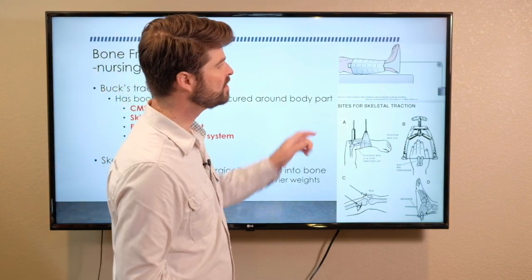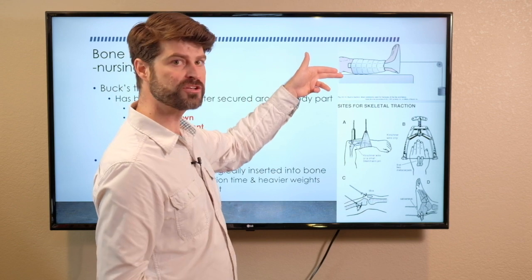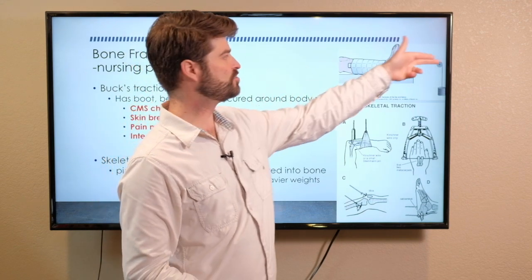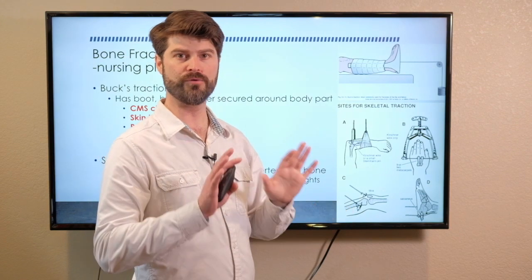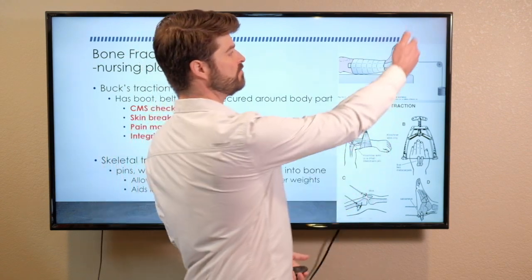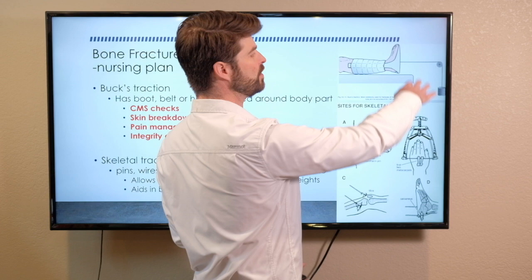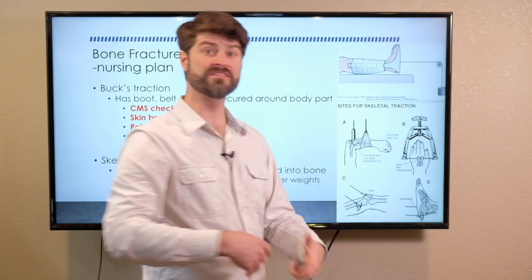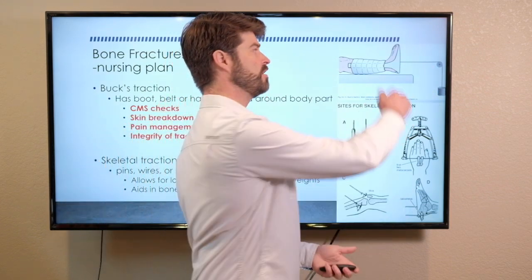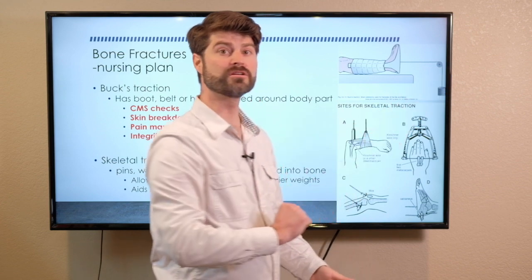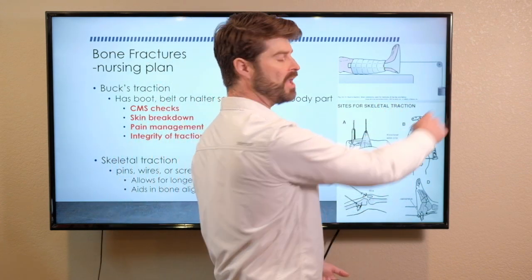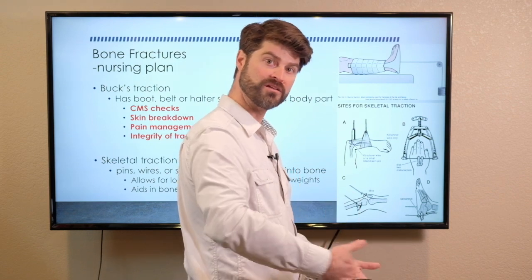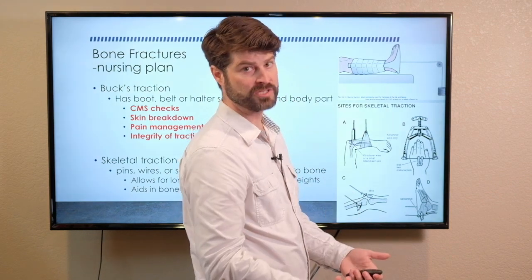What that means is that in order for Buck's traction to be applied properly, this string with the weight cannot be obstructed in any way, meaning that we can't have any sheets or anything draping over the cord because that's going to change the amount of weight and also the direction of traction that's being applied to that patient. So these weights need to be hanging freely, not dangling against the side of the bed or trapped under the bed.